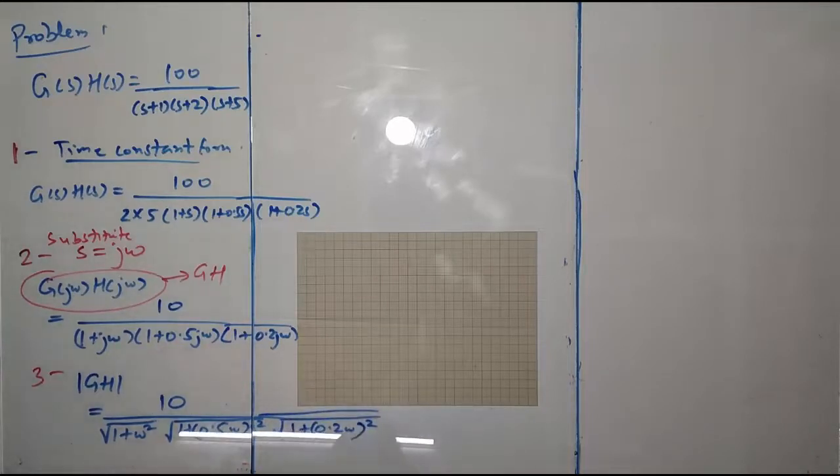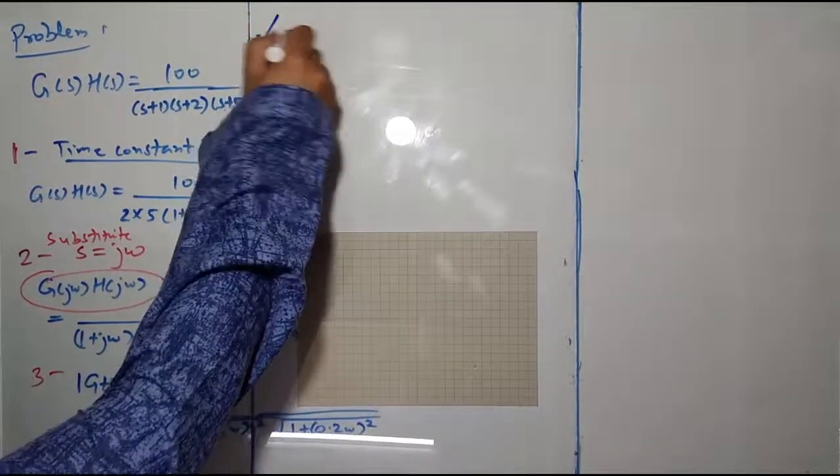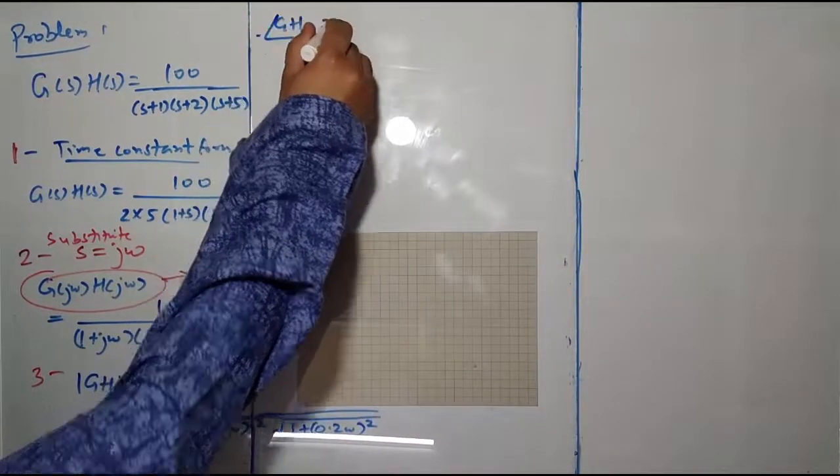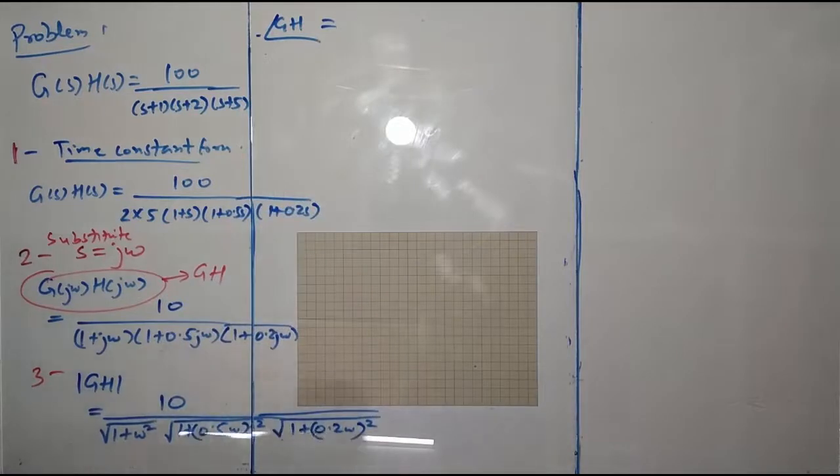So this is the magnitude of the given function. And the second step is to obtain the phase angle. So the phase angle of GH can be written as, again with the same procedure, you can assume the numerator as 10 plus j0, which corresponds to 0 angle, and all the other terms in the denominator will contribute negative phase.